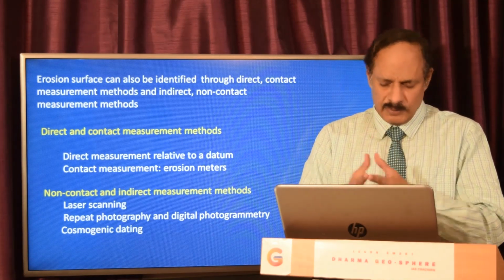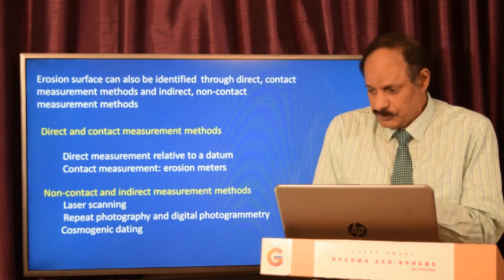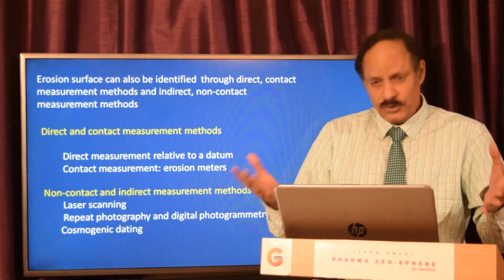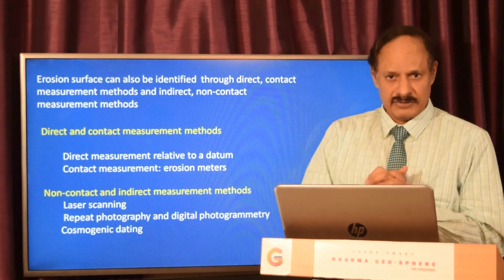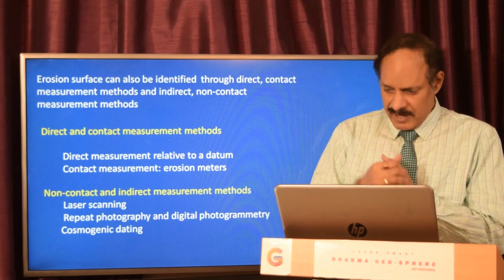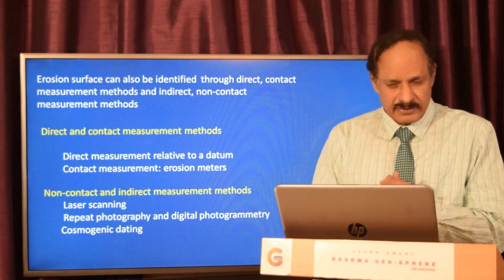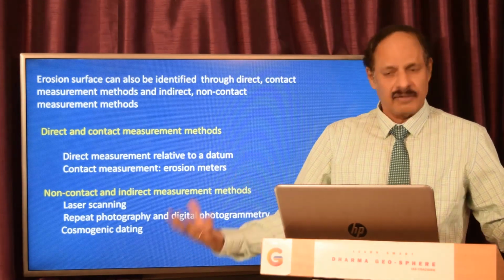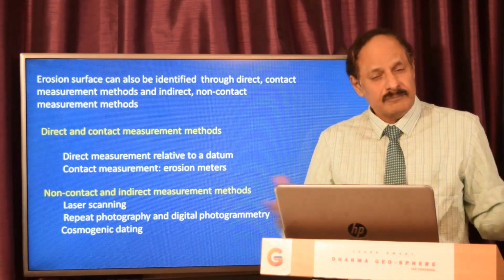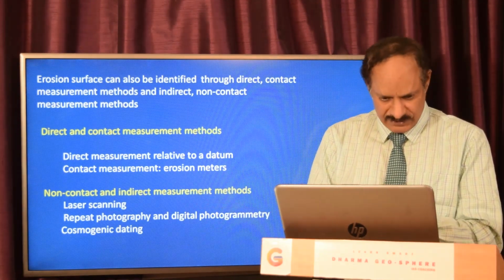So they can be divided into direct and contact measurement methods, where you use what in geology are called erosion meters. That is, you can directly measure the rock surface from the various sediments and identify whether it is formed due to structural forces or through the long drawn erosion process, which leads to the erosion surface.